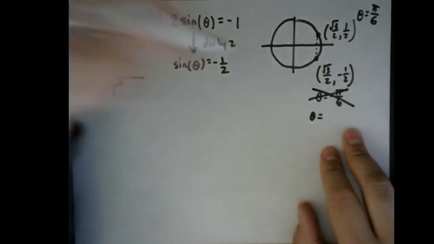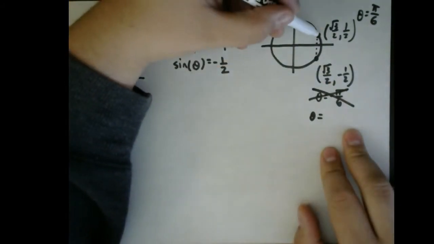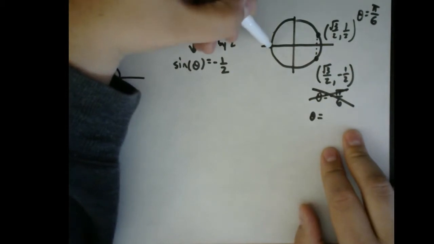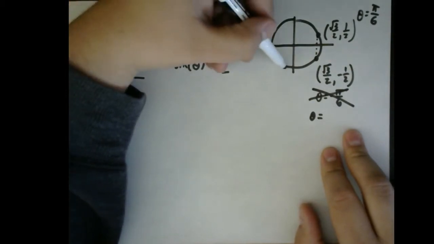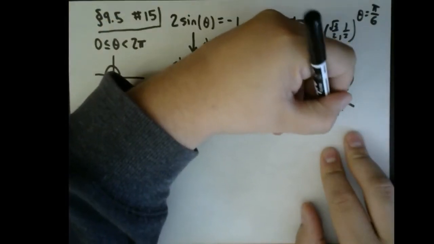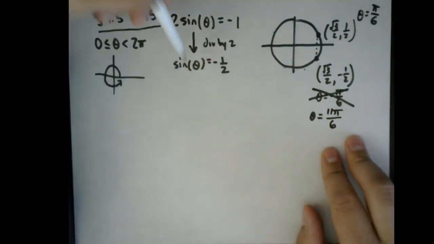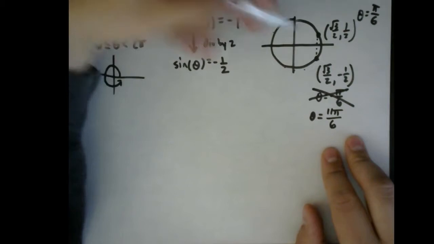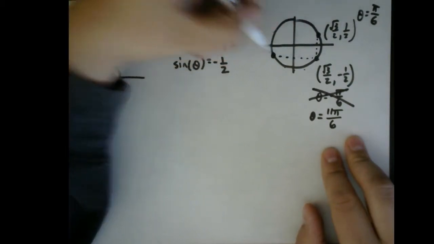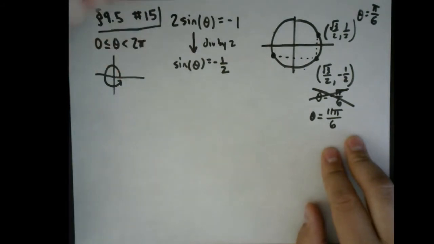So instead, what you have to do is count out 1 pi over 6, 2, 3, 4, 5, 6 pi over 6 is pi, 7, 8, 9, 10, 11 pi over 6. Or in other words, it's 1 fewer than 12 pi over 6. Now, again, we're looking for y values of -1/2. So if I move in the x direction here to this point, then I have not changed my y value.